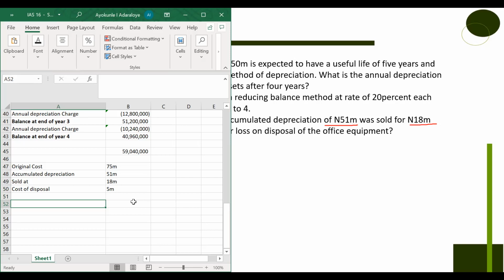So now, first thing to do is to calculate net book value. And our net book value is what? Initial cost minus accumulated depreciation. I've showed this over and over again. Initial cost minus accumulated depreciation, which will be 75 million minus 51 million.